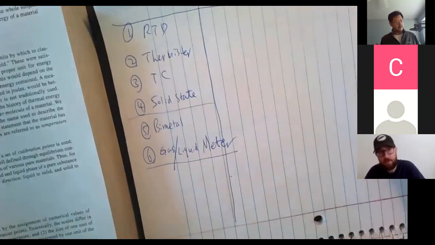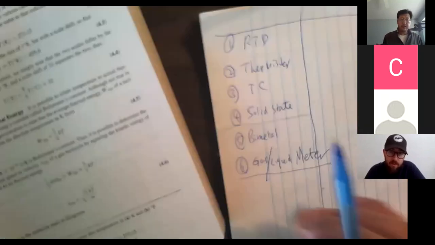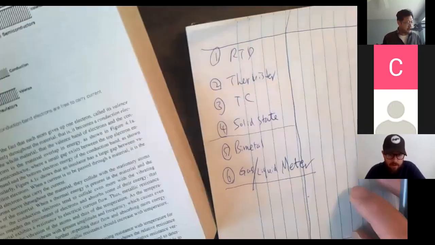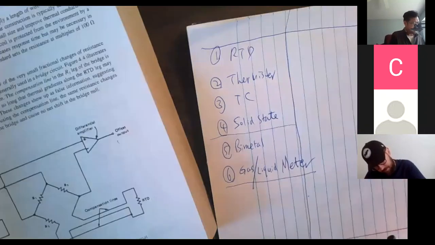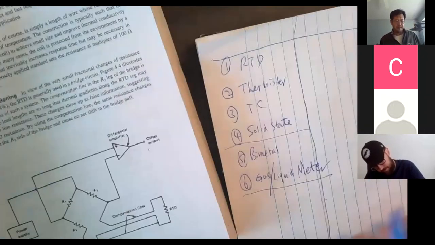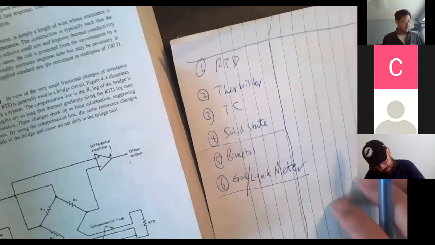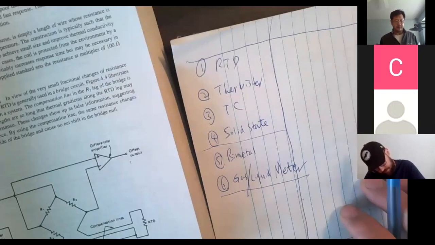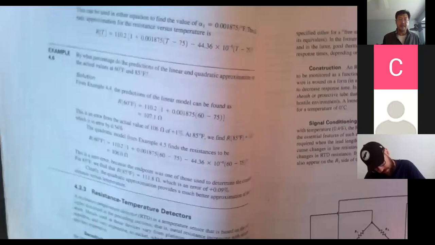So let's start with the first one. The first one is called RTD temperature sensors. R means resistance, T means temperature, so resistance temperature detectors.